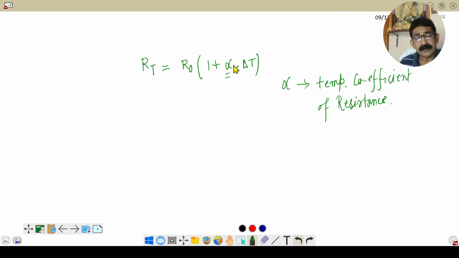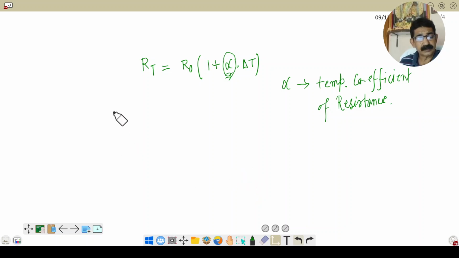This value is not fixed for all conductors. So, if we plot a graph that shows the variation of resistivity or resistance with the increase of temperature, then we will get graphs like this.